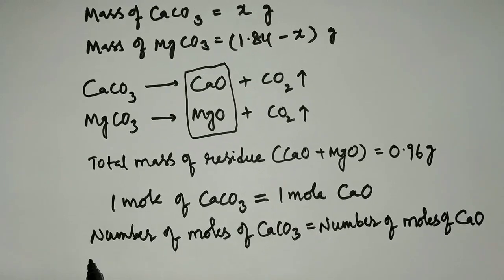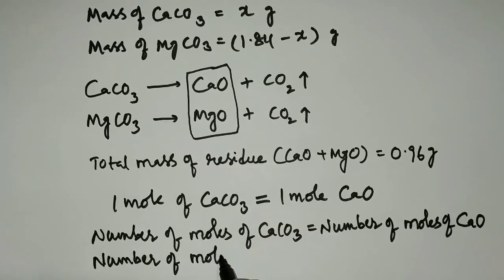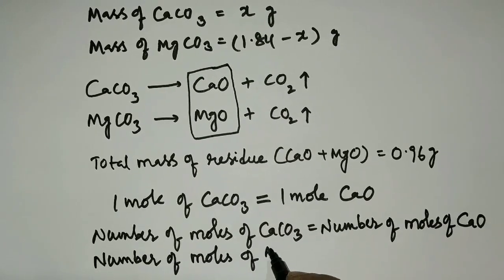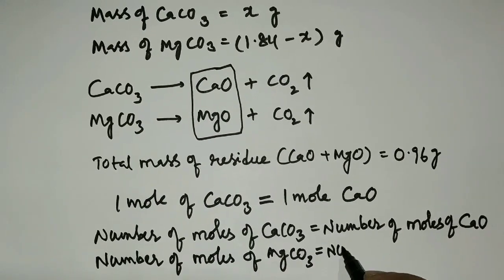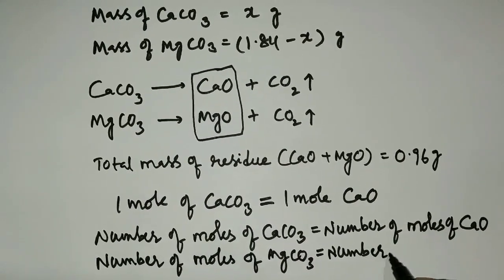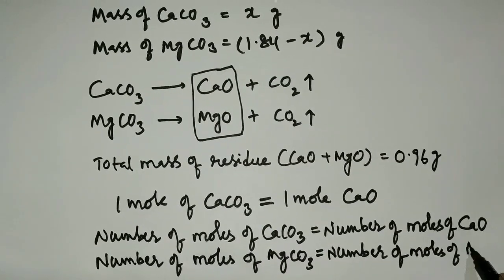In the same way, number of moles of MgCO3 is equal to number of moles of MgO.